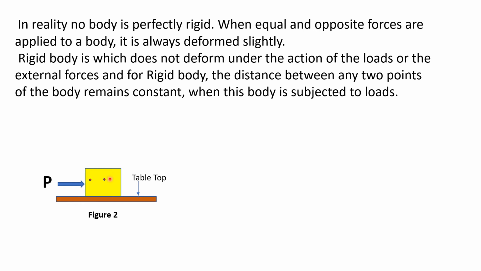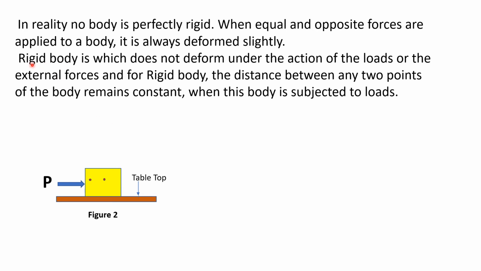Even if this cube is of steel, and I apply the force with my hand, it is not going to happen that immediately this body will get deformed due to this force. This body can start sliding on the table. So then this body can be called a rigid body. This is another example.